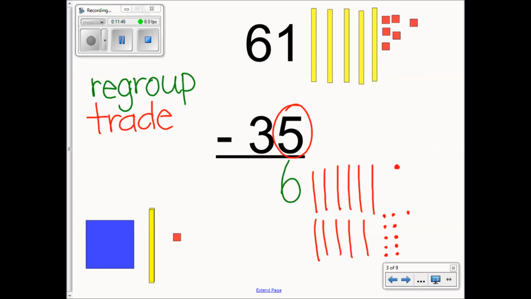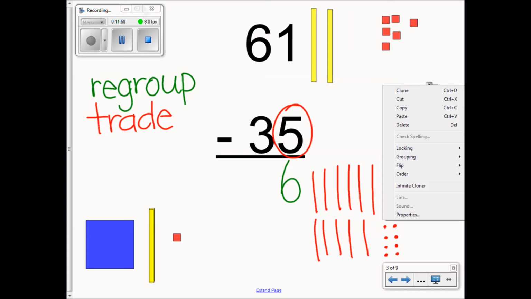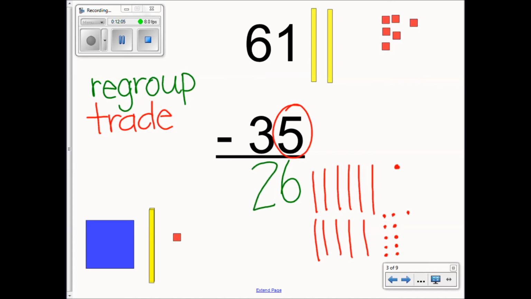Now, it tells me to subtract 3 tens. Can I subtract 3 tens? Yes. Absolutely, I sure can. 1, 2, 3. And I'm going to go ahead and cut them, because I don't need them anymore. I'm subtracting them. How many tens do I have now? 2. So the difference between 61 and 35 is 26.